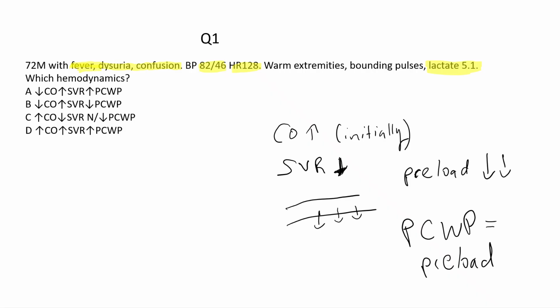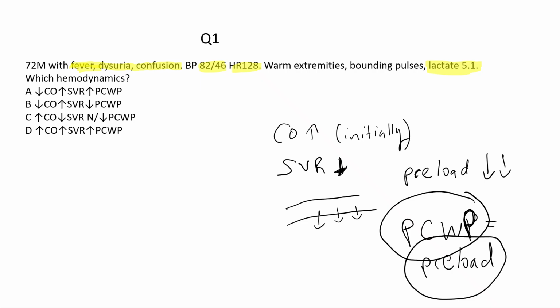And at a certain point, when you have diastole, the left atrium pressure and the left ventricle pressure are equal. That's what you're measuring. So that's a rough estimate of preload. And so they just named this PCWP, but you should definitely know it's the same as preload.